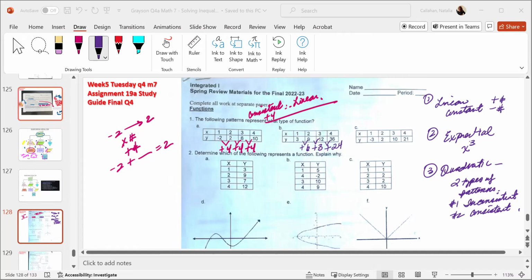Okay, so the first one that you have here was 1 and what? For question 2, 1 and 3? Yes. And then 2 and 9? Yes. And then 3 and what? 7. Next one is 1, 12. Is that it? That's not linear because you're not adding or subtracting. I think it might be quadratic. Can you go back to the answers? I didn't finish yet.